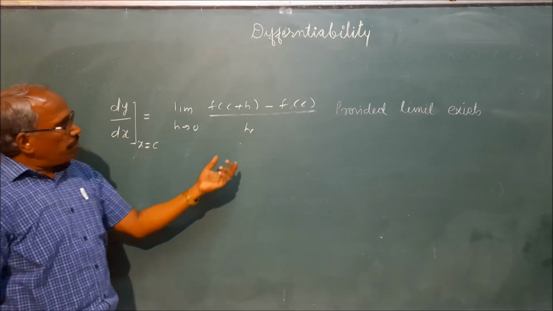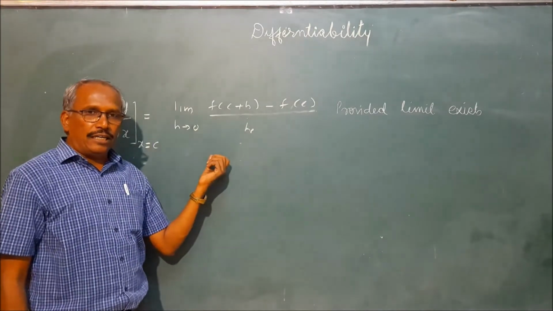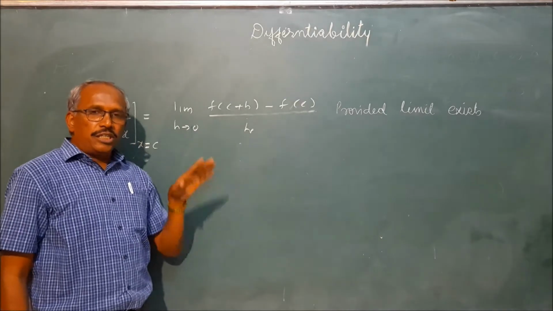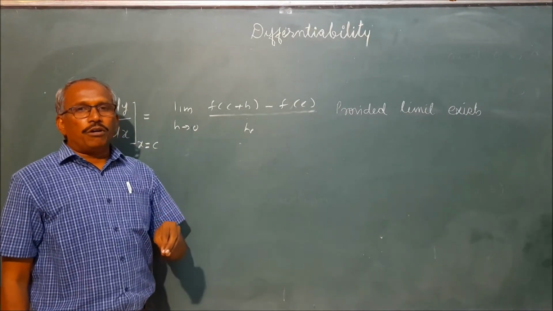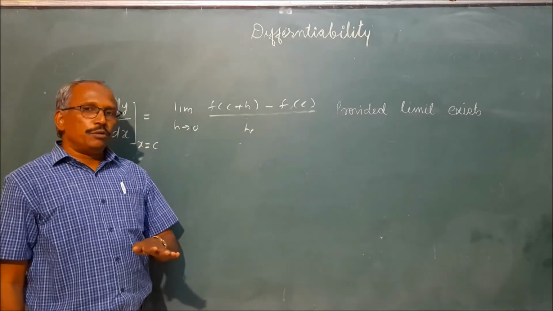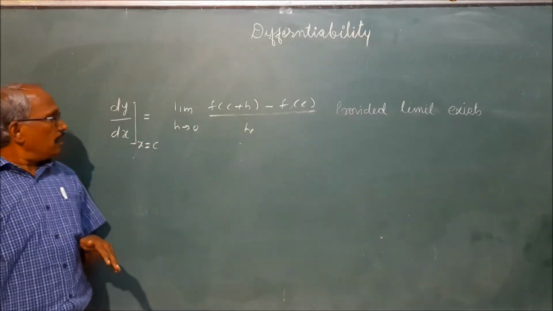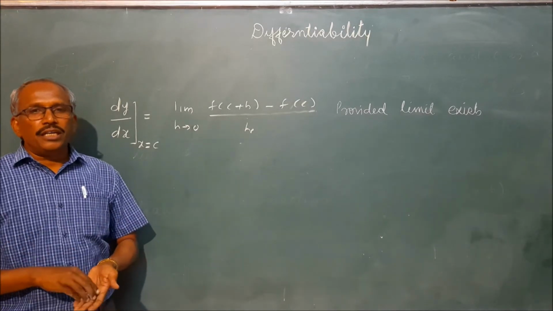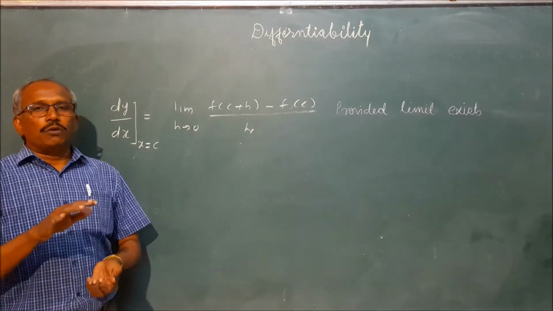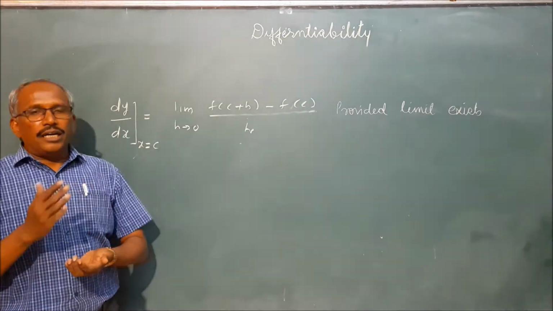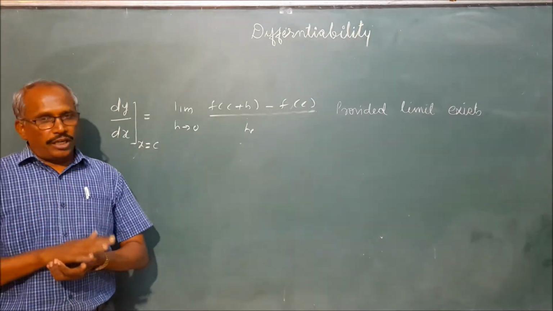So calculation of the left hand and right hand limit of this function is nothing but calculation of its left hand derivative and right hand derivative. That means the derivative of a function at a given point c exists if and only if its left hand derivative and right hand derivative are the same.